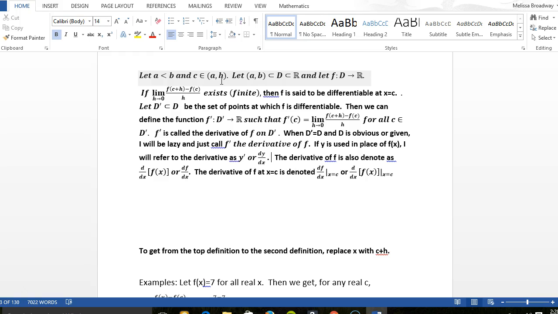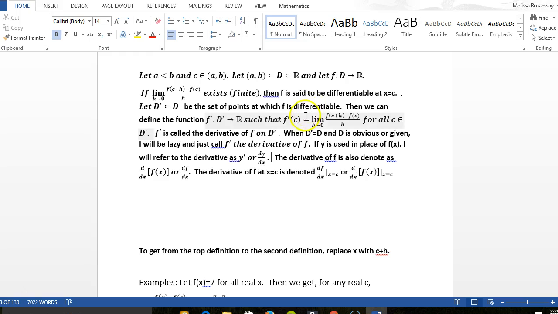You could say that at the left endpoint, later on, I could do a closed interval AB and say we're differentiable from the right at A and from the left at B. That will come in handy in some advanced math classes from time to time, but it's not as important as differentiability at the interior point. So let's just stay interior for now.